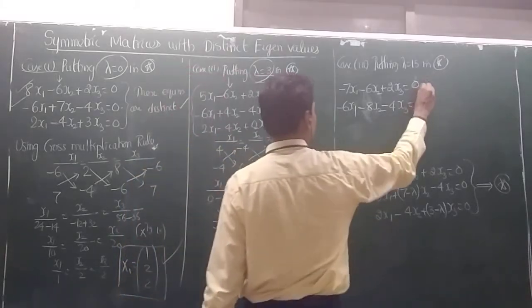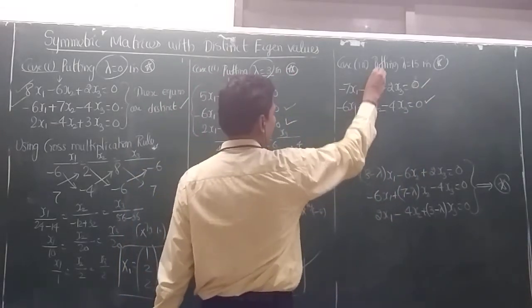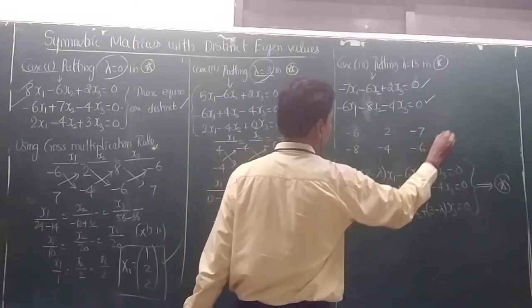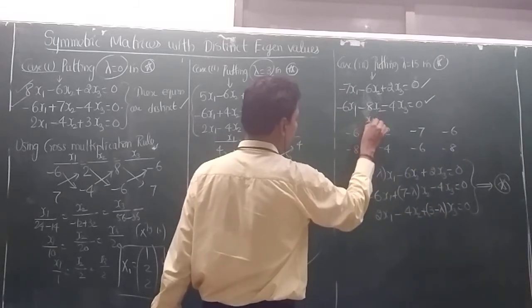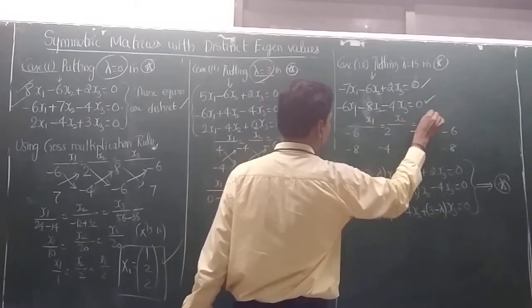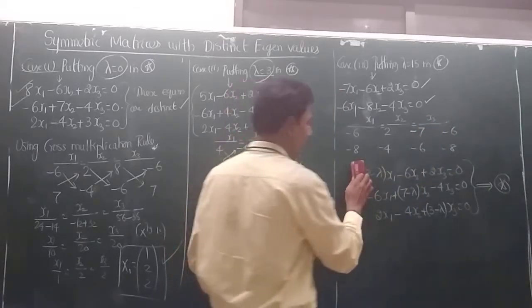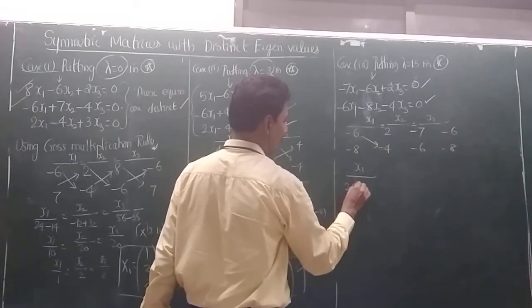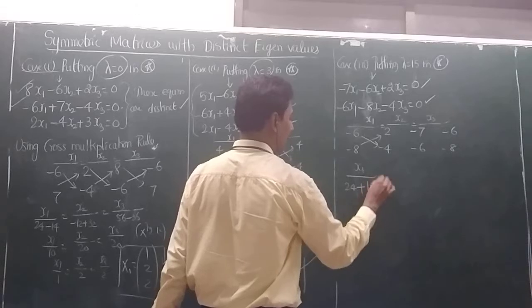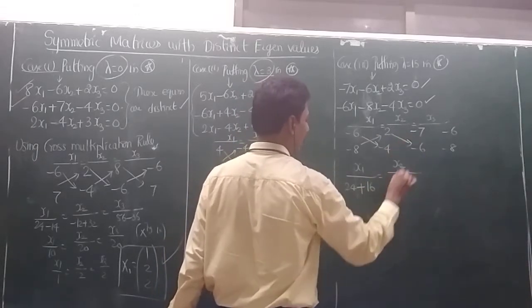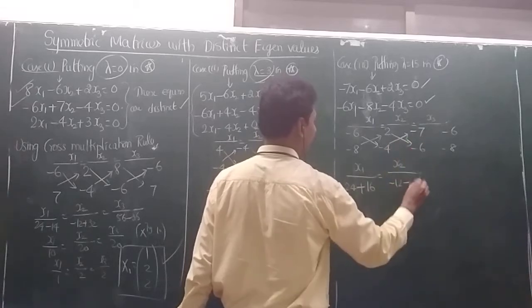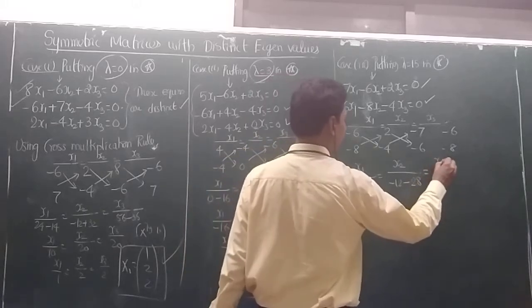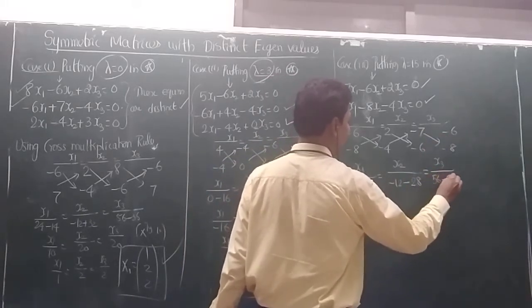I am going to use the cross multiplication rule at this time. So with these equations: minus 6, minus 8; 2, minus 4; minus 7, minus 6; minus 6, minus 8. This will give the x1 value, this will give the x2, and this will give the x3 value. So let us find x1, x2, x3. x1 by 6 into 4, 24 plus 16, and x2 by 2 into minus 6 minus 12 minus 28 (4 7s are 28), then x3 by 8 7s are 56 minus 36.